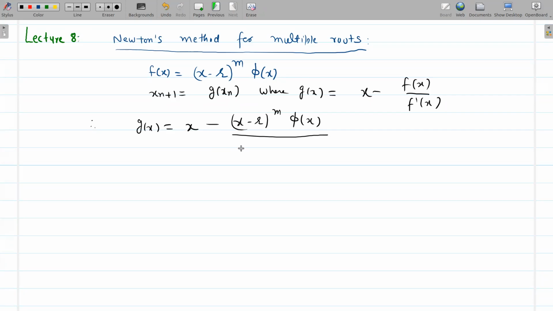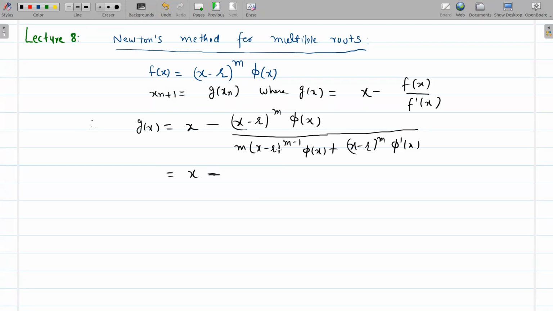So first derivative of (x minus r) power m, the power rule, m times (x minus r) power m minus 1, phi as it is, then (x minus r) power m as it is, derivative of phi, which is phi dash. Okay, so this is the derivative.